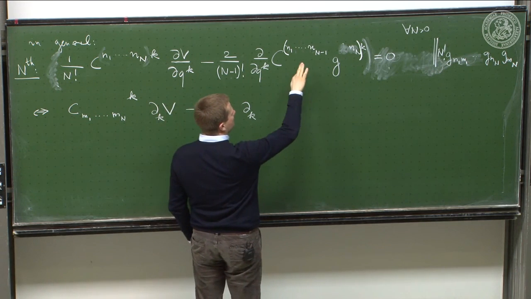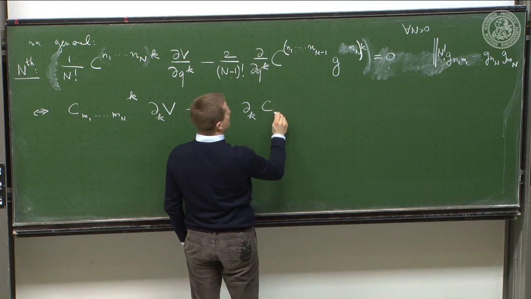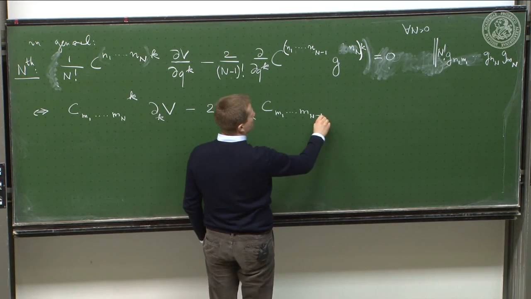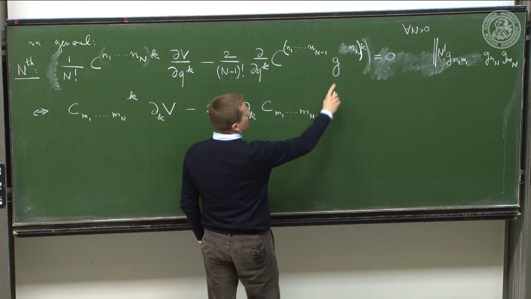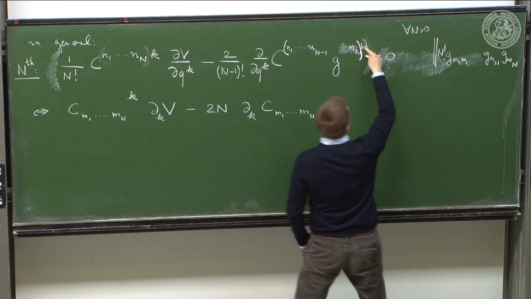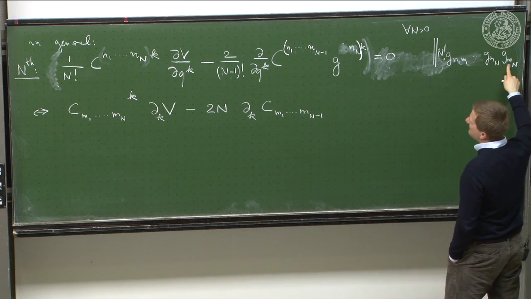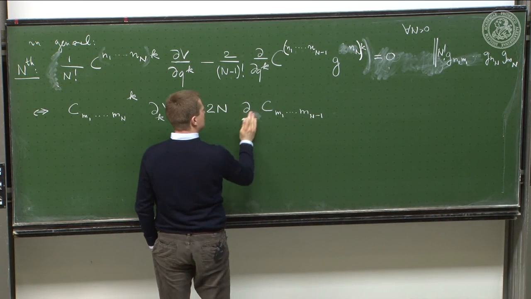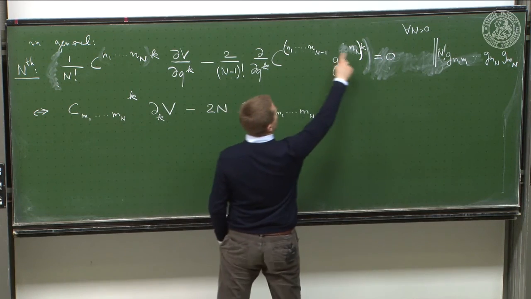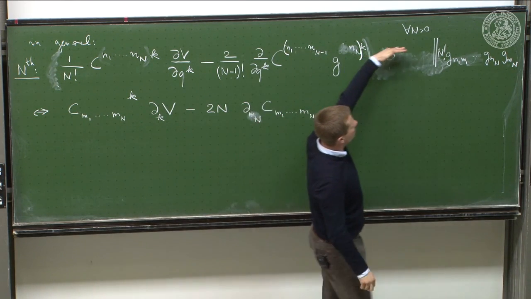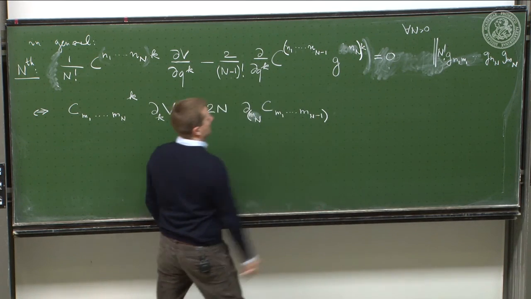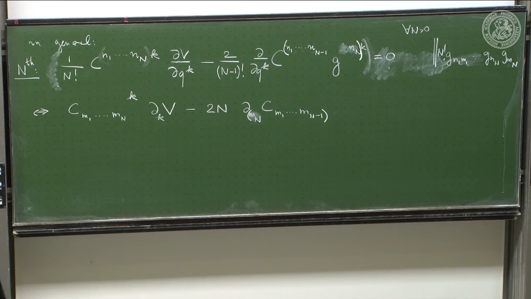I pull the flat metric straight through. So I get C_{m1 to m(n-1)}. They're certainly pulled down. But also here I pull down the last one. That gives me a delta^k_{mn}. But a delta^k_{mn} is this one. And I don't forget that I had here the symmetrization. The symmetrization will be inherited down here, so I need a big bracket here. And this big bracket is all important.